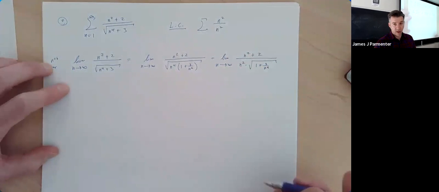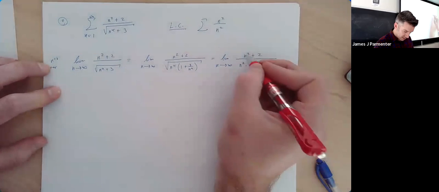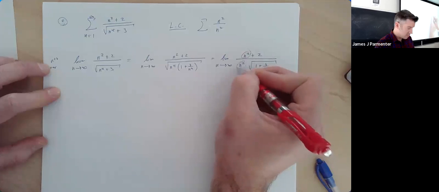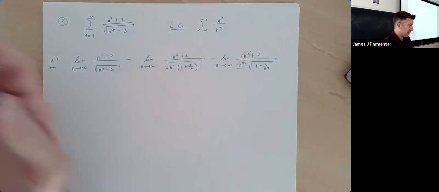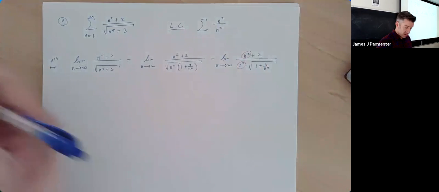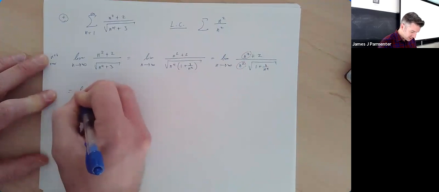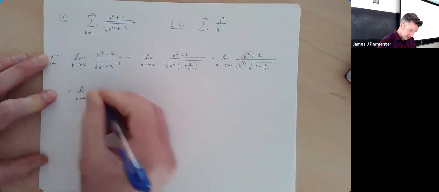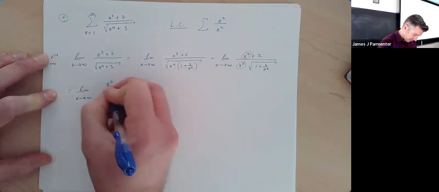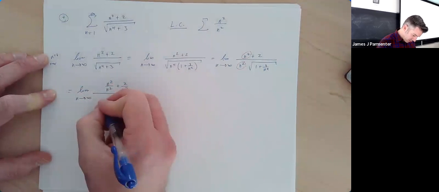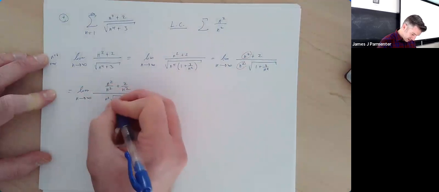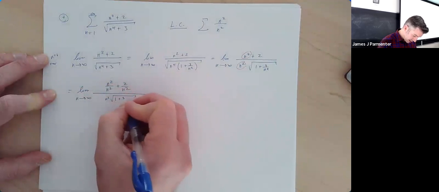And then you can either justify to yourself that the highest power on top and the bottom are the same, so you're going to get 1. Or if you want to do one more step, you can divide everything on the top and bottom by the highest power. So I do that, which I think is probably worth doing just to see it. I'm going to get n squared over n squared plus 2 over n squared over this whole thing, right? Because this is a product, we don't divide each piece by n squared.